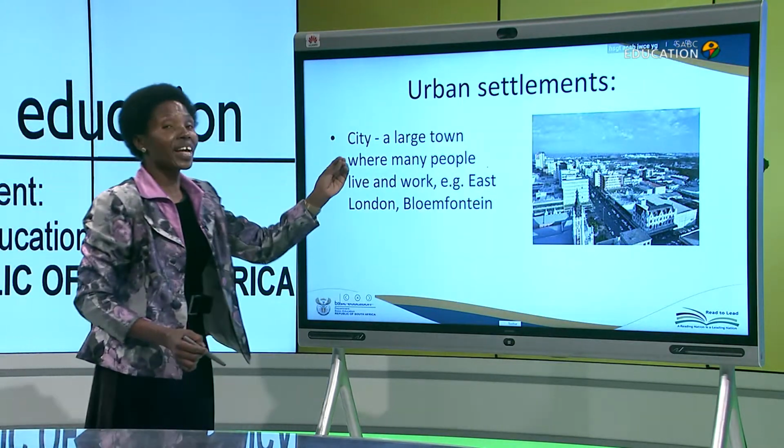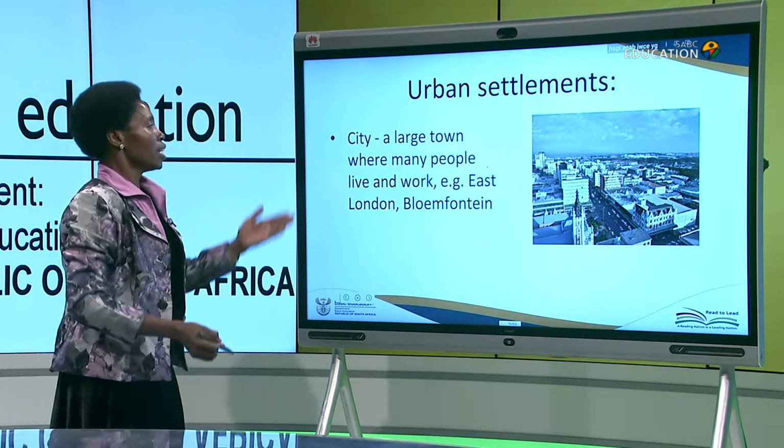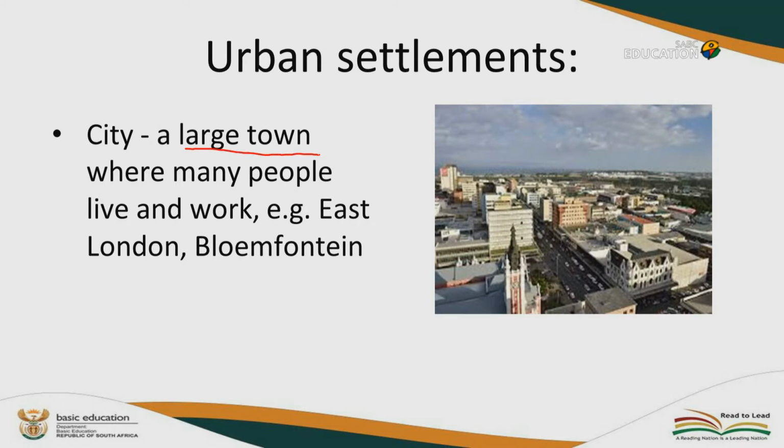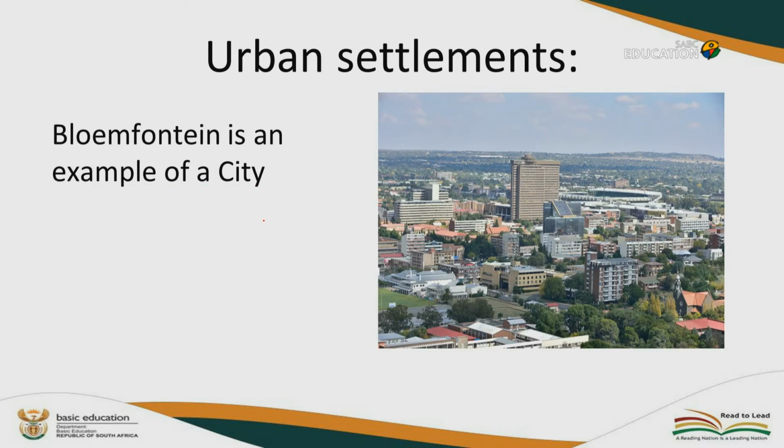This one is bigger than the town that we're talking about. A city is a large town where many people do what? They live and work. And then we do have an example of that. Okay, this is an example of a city, but we put the example of Bloemfontein. Look how big this city is.